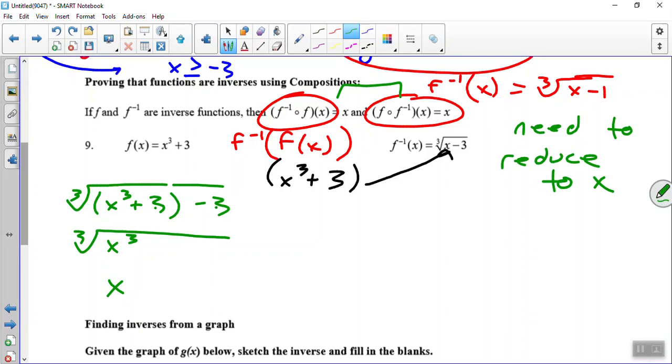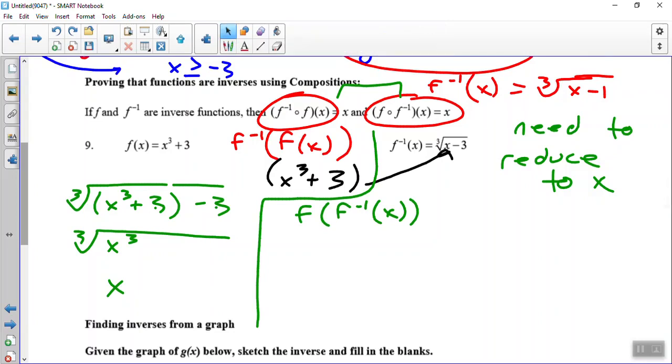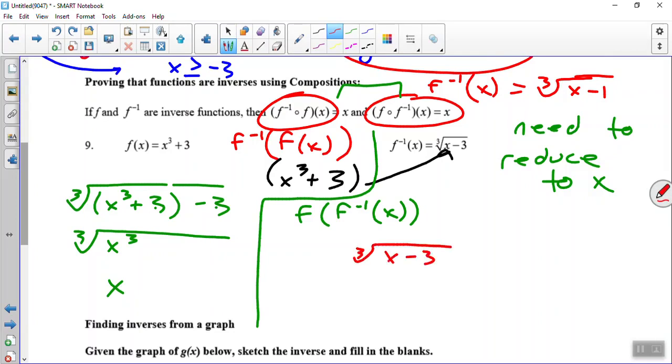Okay, so now let's do the other way. So now we have to show that f of f inverse of x equals x. So I start with f inverse. I've got cube root x minus 3. I put that inside of f of x and simplify.